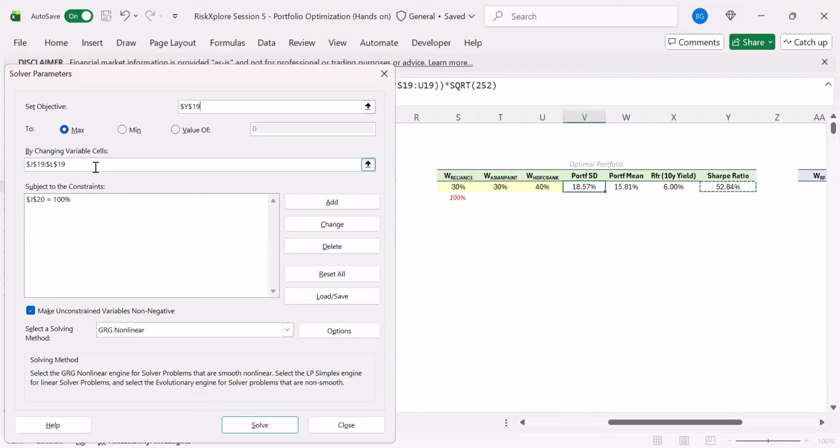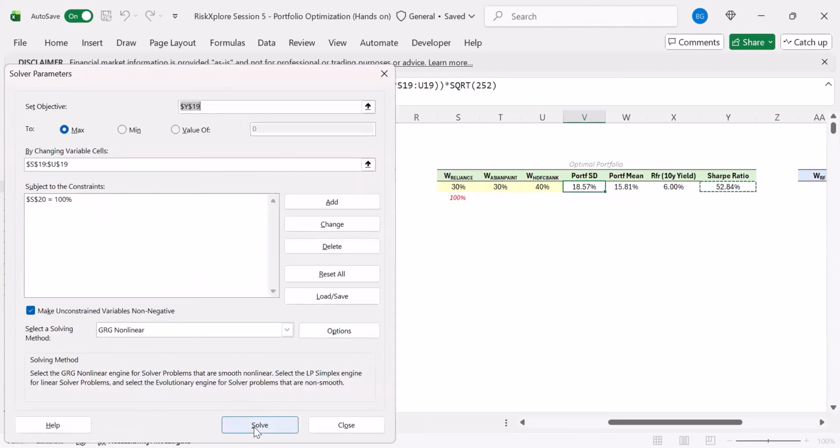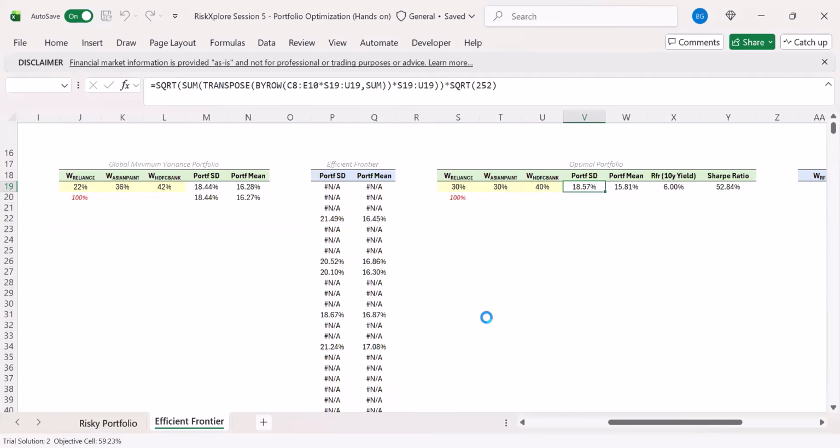We have to maximize Sharpe ratio here by changing the weights here, right? And the constraint will be the same constraint, that the sum of these weights should be 100%. Okay, let me refer this again. It should be 100%. Let's solve for this.